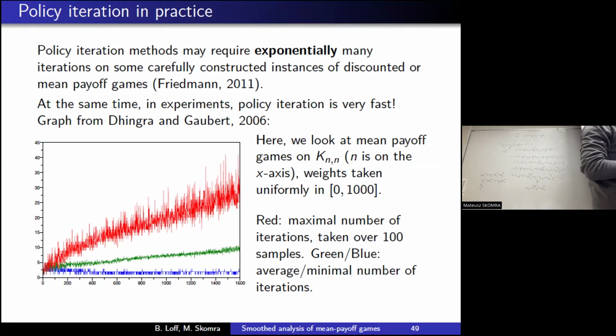The red curve is the maximal number of iterations. As you can see, with 1,600 by 1,600, the maximum number of iterations is like 40, while the average number of iterations is like 7. You see, with 1,600 nodes in a complete bipartite graph, you normally converge in 7 iterations.